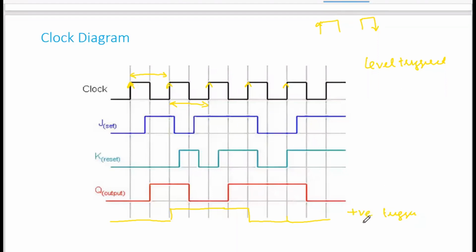While edge triggering means that at specific moments your system is changing. I have already given you the example that this is 10 a.m., this is 11 a.m., this is 12 p.m., 1 p.m. and 2 p.m. So you are having a frequency of metros at these times.